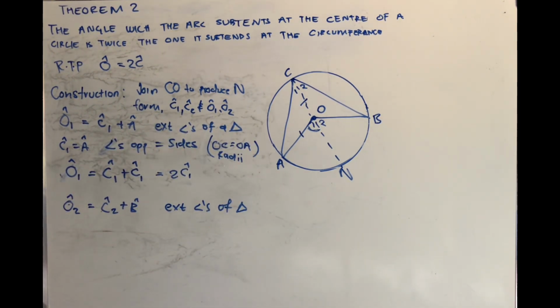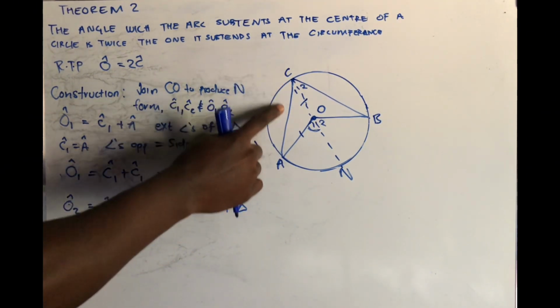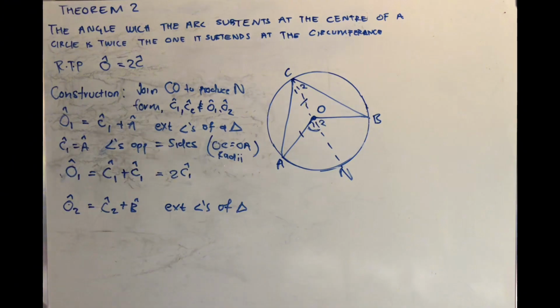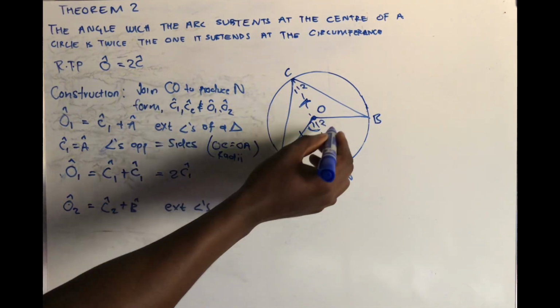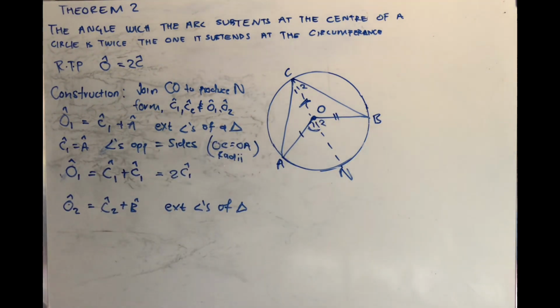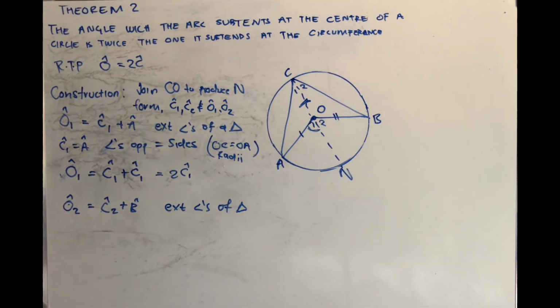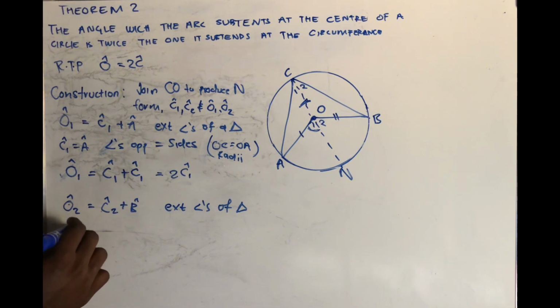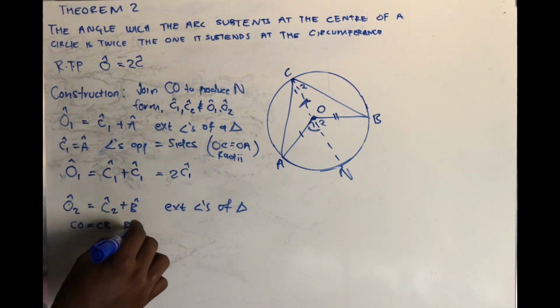Now, triangle COB is also an isosceles triangle. This line is equal to this line; they are both radii. So CO is equal to CB, radii.